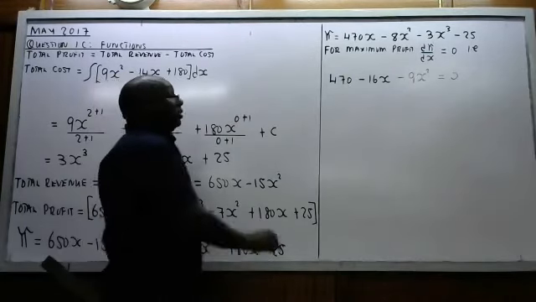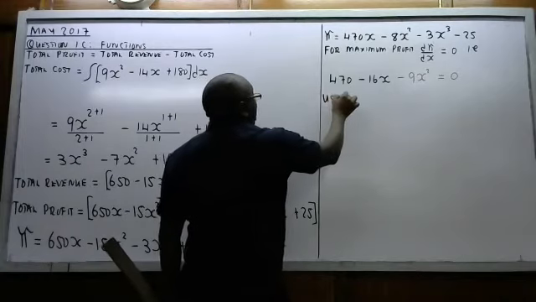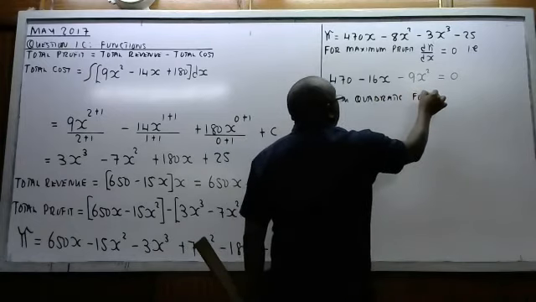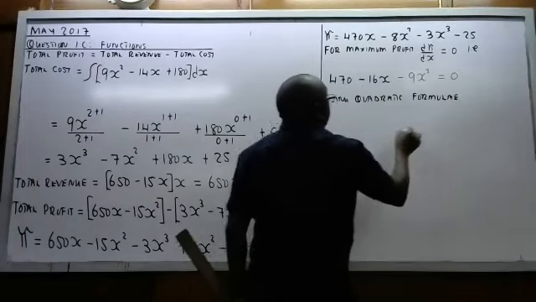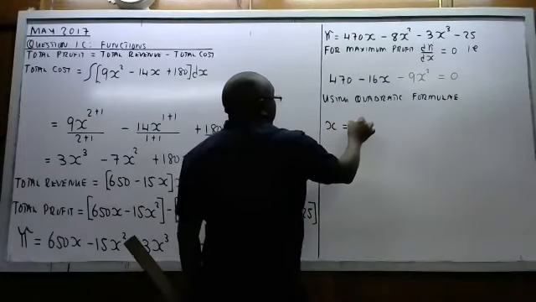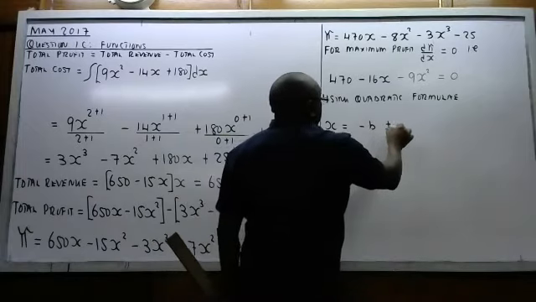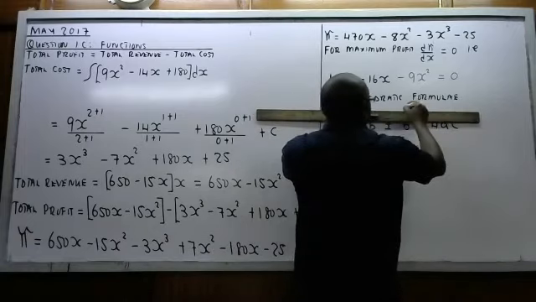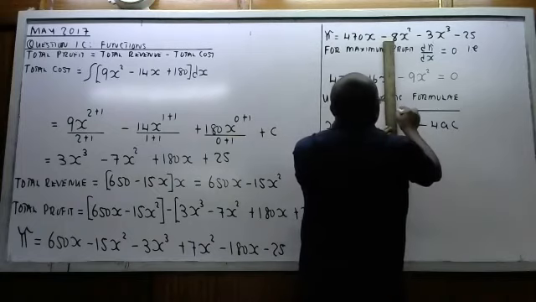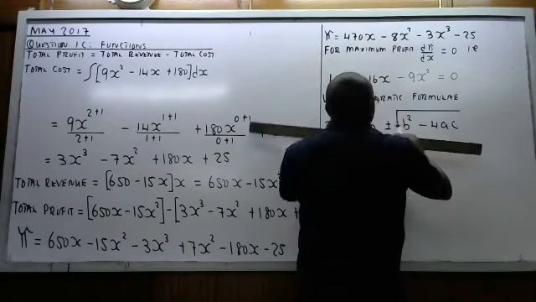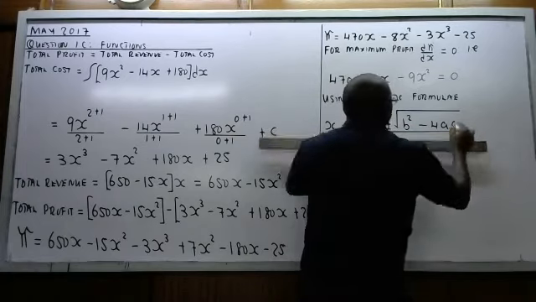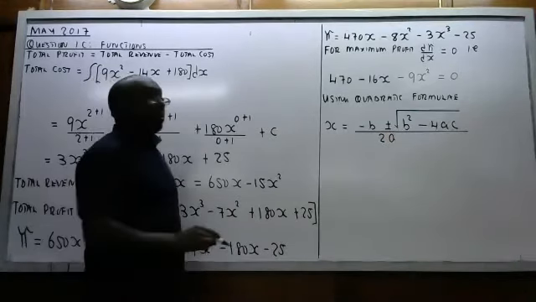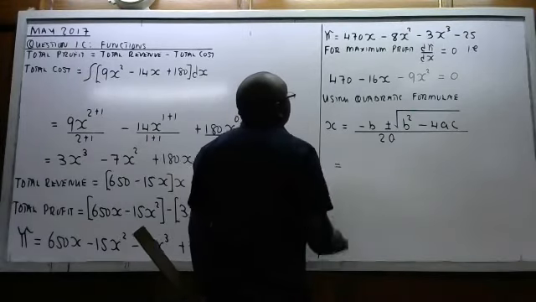So using the quadratic formula, which we know so well, x is equal to minus b plus or minus the square root of b squared minus 4ac, divided by 2a.